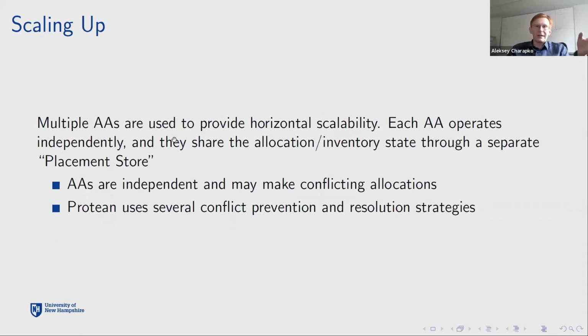So there is an underlying placement store that keeps track of all this placement information, the assignment of virtual machines to physical servers, so that you can compute all of these scores.